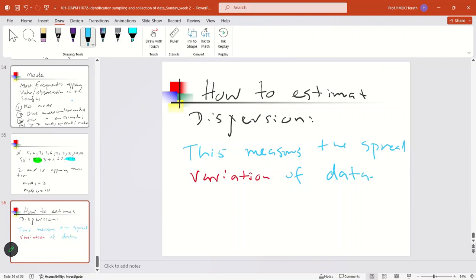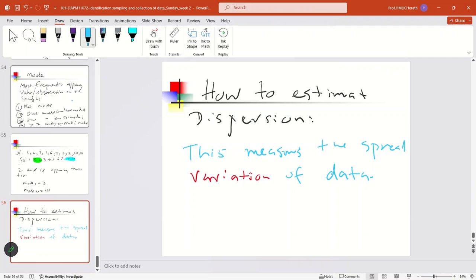We need to see how to estimate the variation of your data, the spread of your data. We'll be talking about many measures of dispersion.